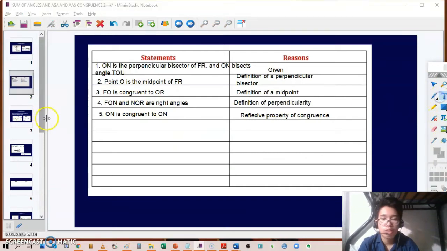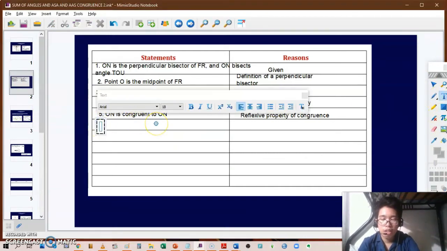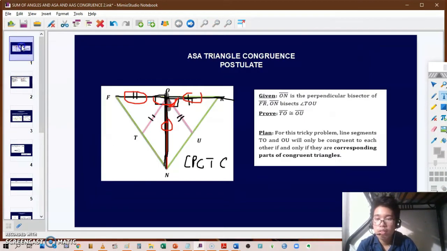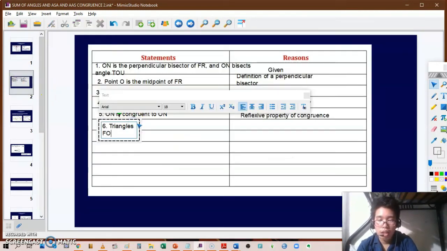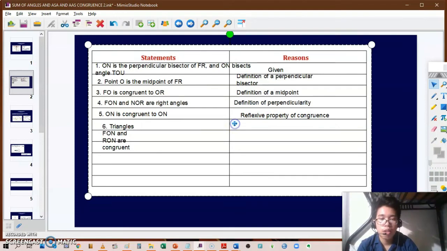Then through the ASA triangle congruence postulate, we can state that triangles FON and RON are congruent.